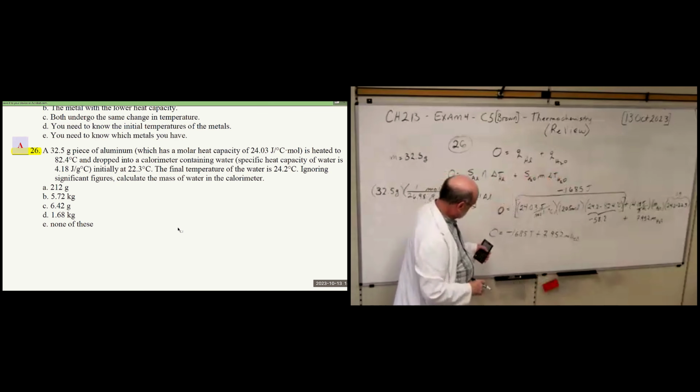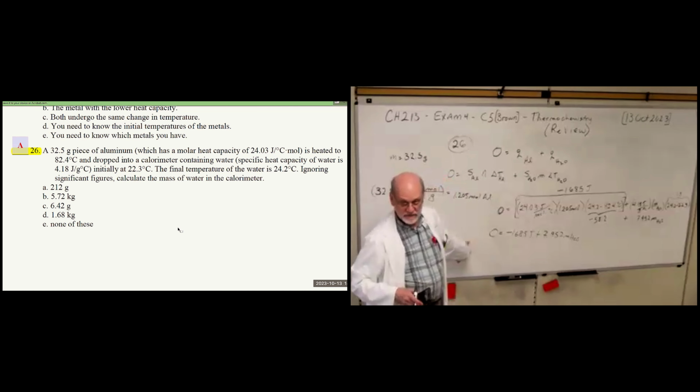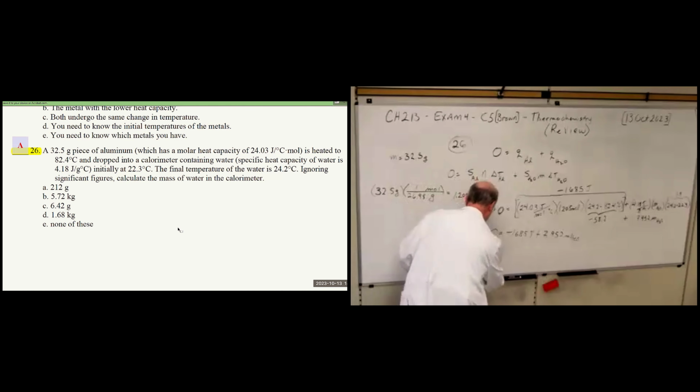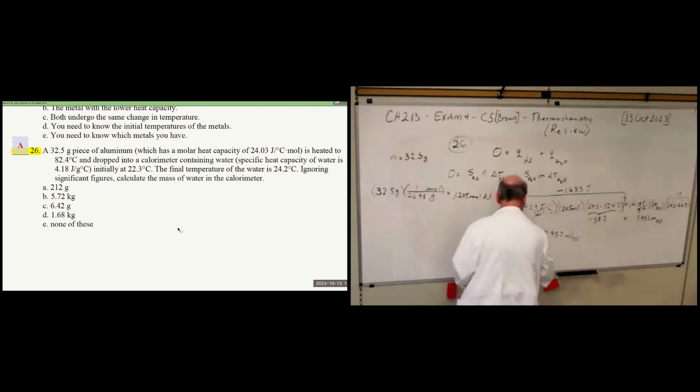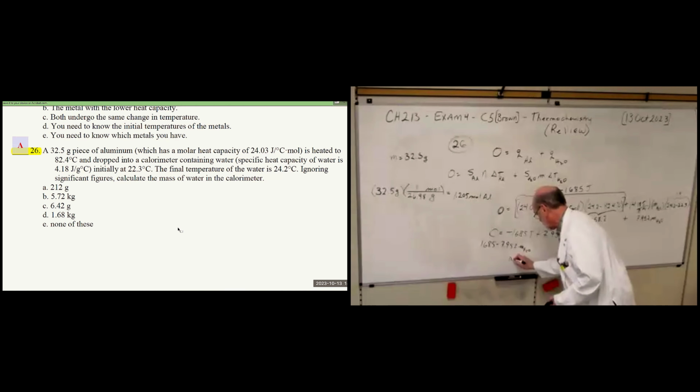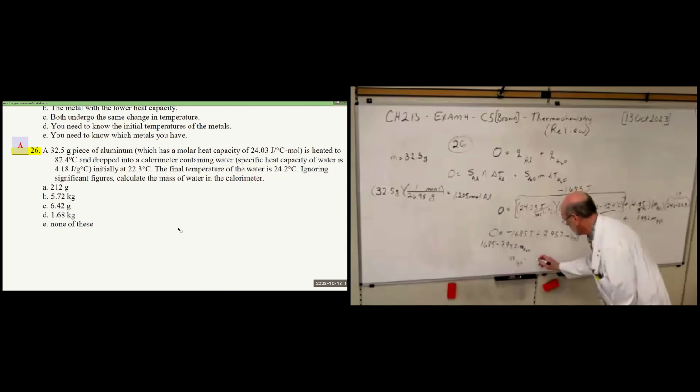Okay, so if we bring this one across the equal sign and put it on that side, it makes it positive. 1685 equals 7.952 mass of the water. And the mass of the water then equals 1685 divided by 7.952.